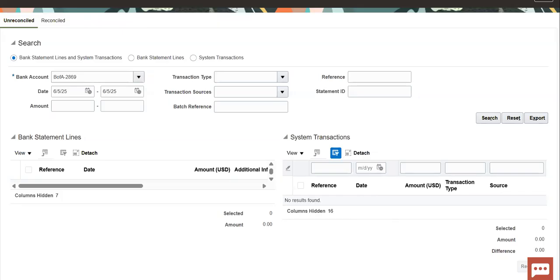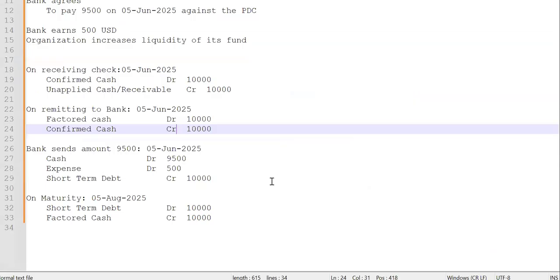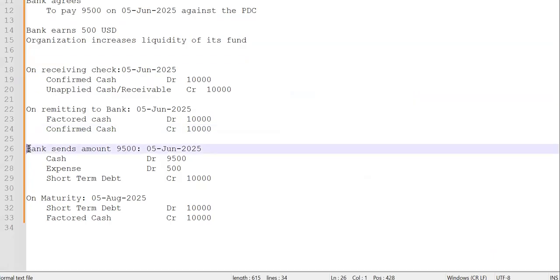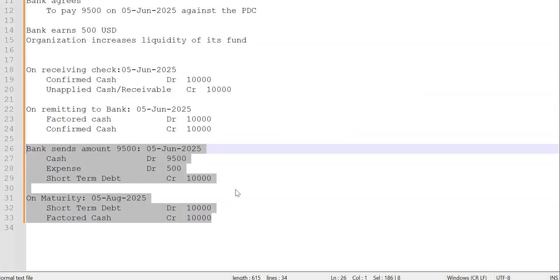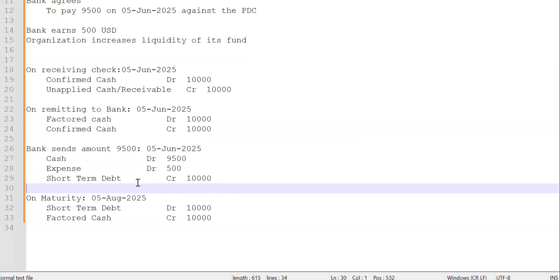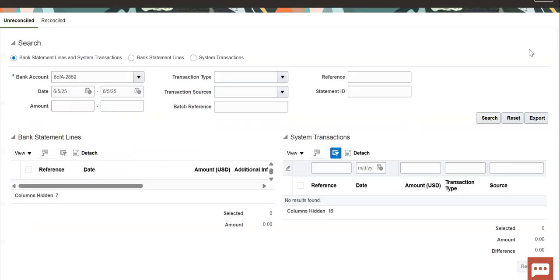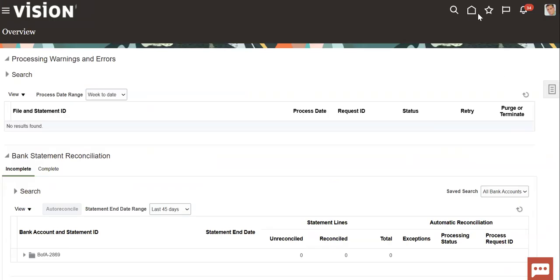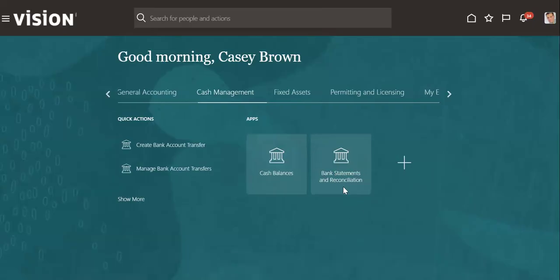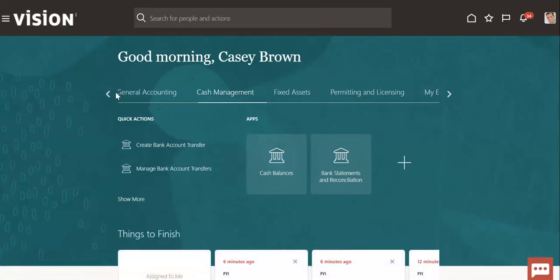Now, if you recall the previous session, I had said that from here, there is a bit of digression from what I have explained. In the application, it happens in a different way. So we did the reconciliation. Now let us do the accounting for the receipt. I will explain what the difference is when it comes.